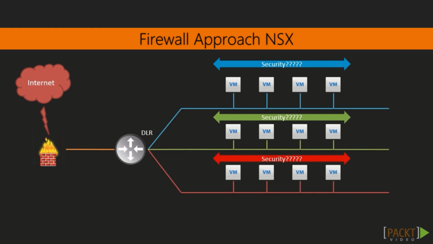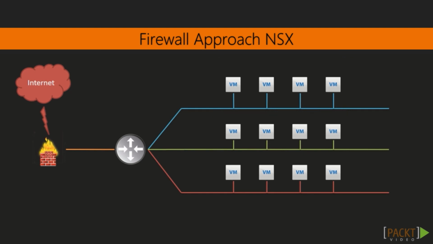Routing is just straightforward packet shipping, that's it. If the DLR has an interface within a network, it routes, full stop.